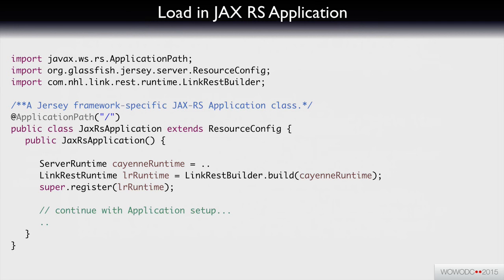The ResourceConfig is coming from Jersey. The LinkRest-specific thing is in the middle. It's a LinkRest builder build, and you pass the Cayenne runtime to that. So it needs to have a backend. By itself, it's a framework that deals with the REST aspect of that. So you bind the backend, you get the runtime, and you put it in the JAX-RS container. It's available to you.